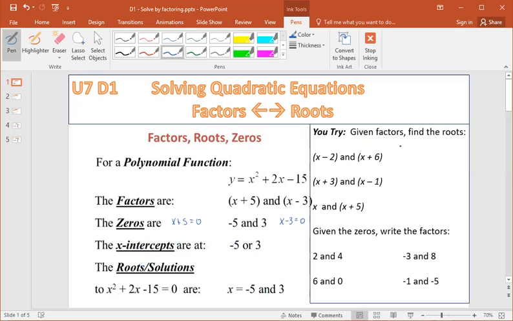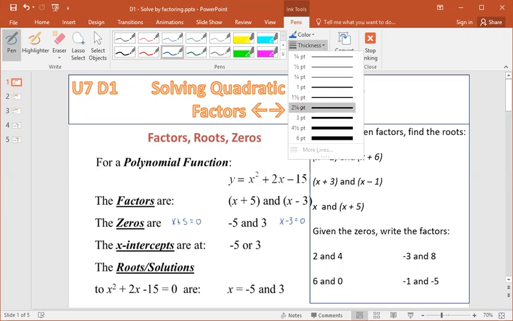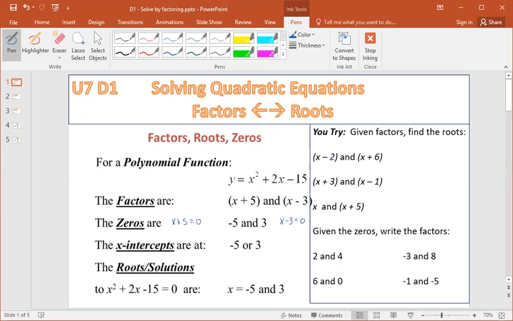So over here, we're going to try a couple more. Given factors, find the roots. Sorry, I'm going to try to thicken this up just a little bit. If we had x minus 2 and x plus 6, that means I would have each of these equal to 0.